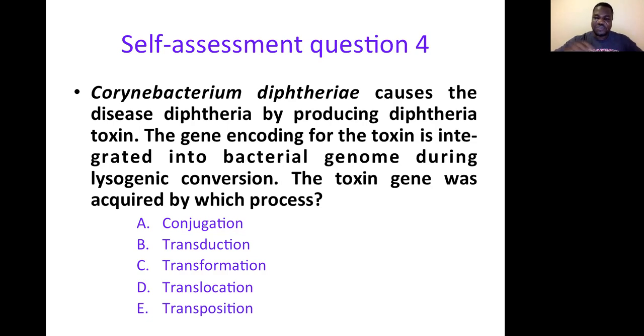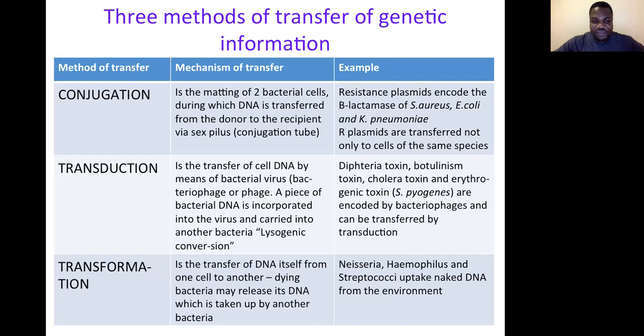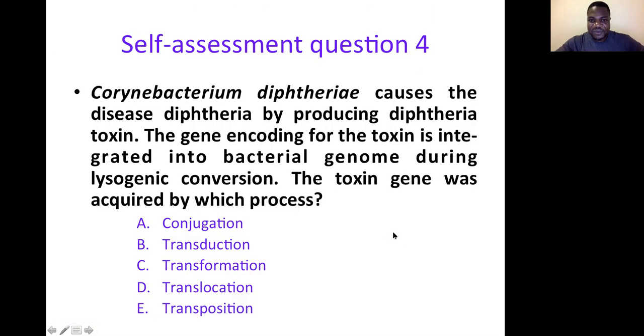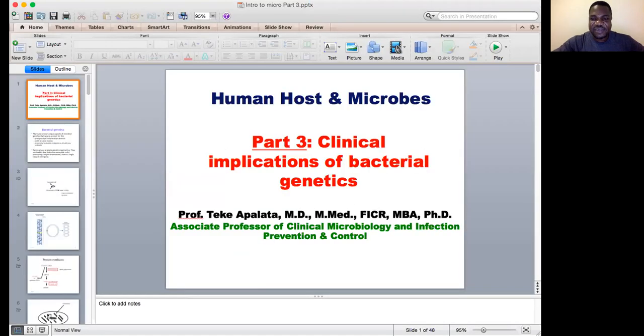No. For conjugation, we say you have a sex pilus that links the two bacterial cells. Is it transduction? Is it transformation? Is it translocation, transposition? The best answer is transduction. If you check here, transduction is where there is a lysogenic conversion, and the example was given here with diphtheria toxin. So this was the self-assessment question of the day.